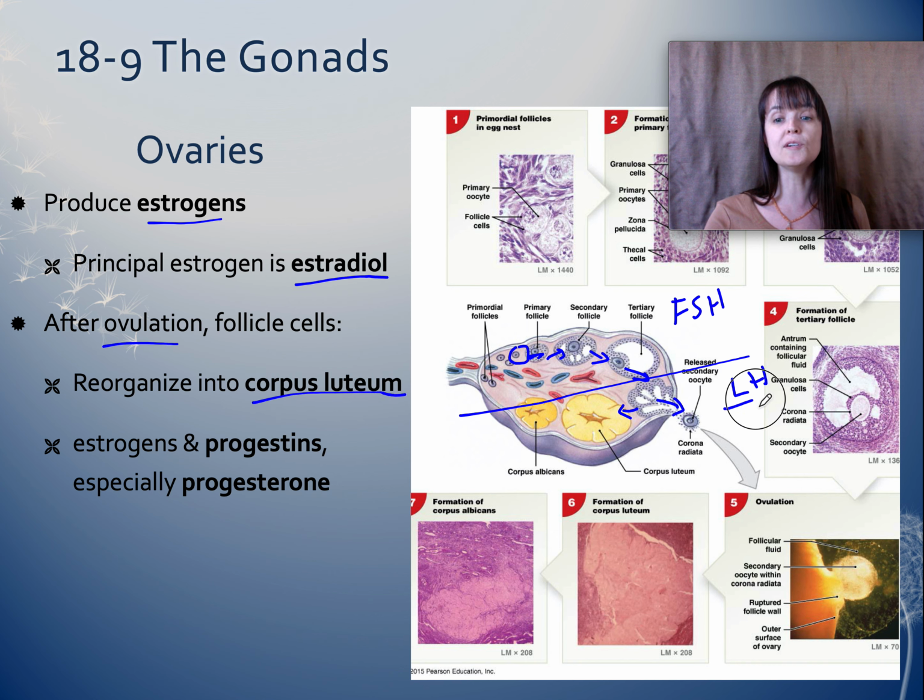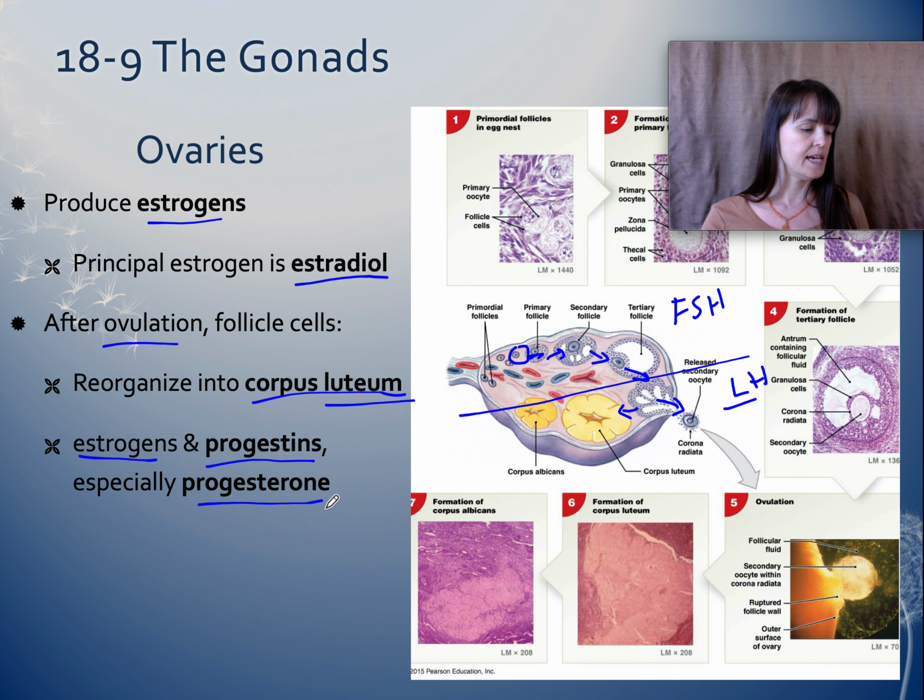Get it? Luteinizing hormone, corpus luteum. Like that. And it releases both estrogens and progestins. The main progestin is progesterone. And the corpus luteum helps prepare the body for pregnancy.